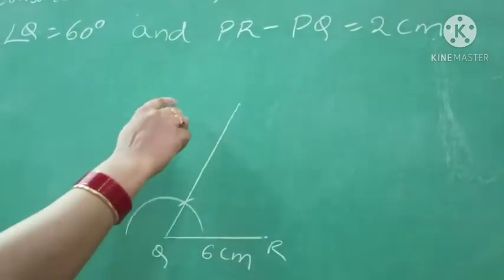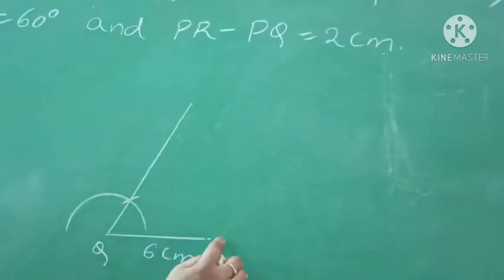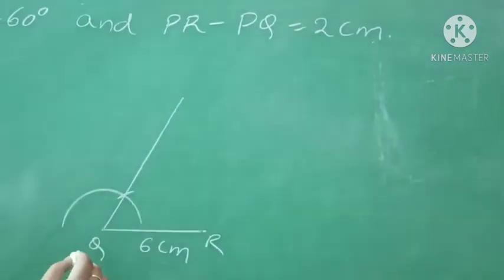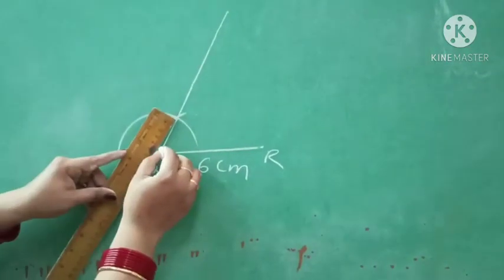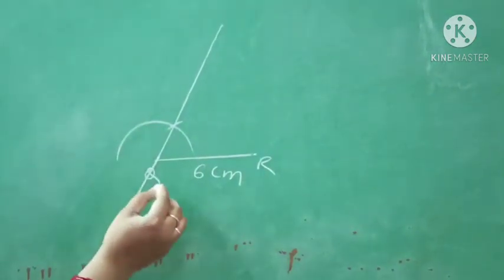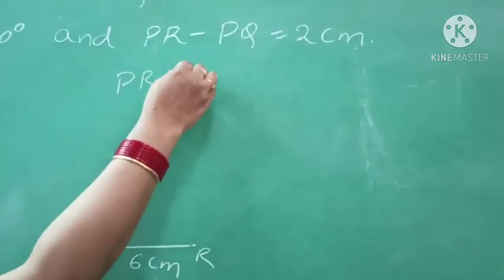Here PR minus PQ is equal to 2 centimeters. See here, PR is there. Here we cannot construct this one, so we have to extend this line backwards, because PR is greater than PQ.